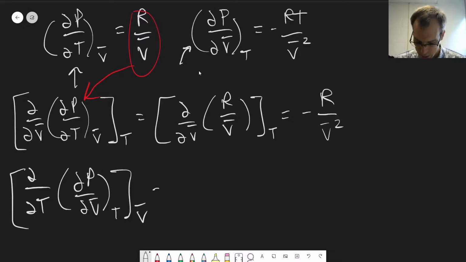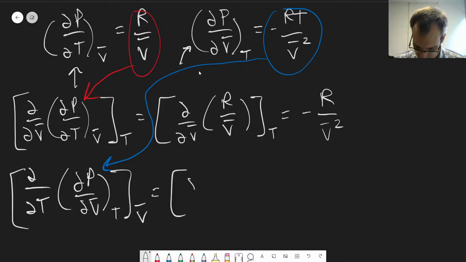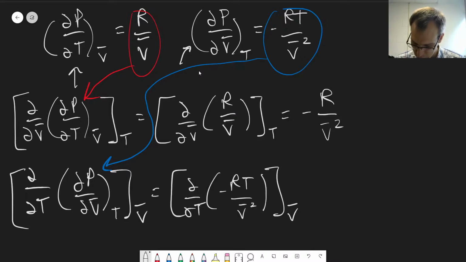Again, we'll make a substitution. So we get the derivative with respect to temperature of minus RT over V bar squared at constant V bar. That's going to be straightforward. That's just minus R over V bar squared.